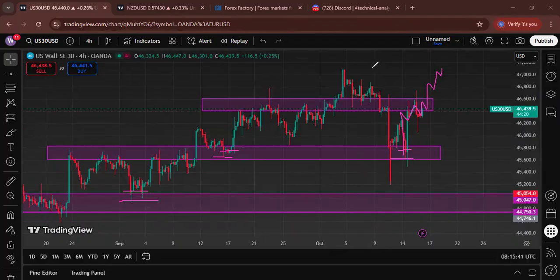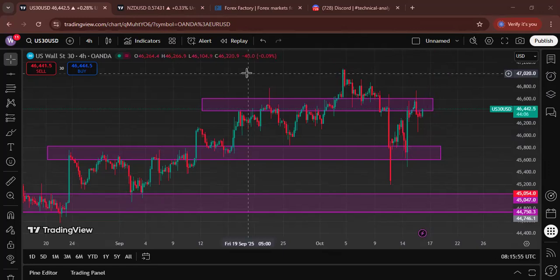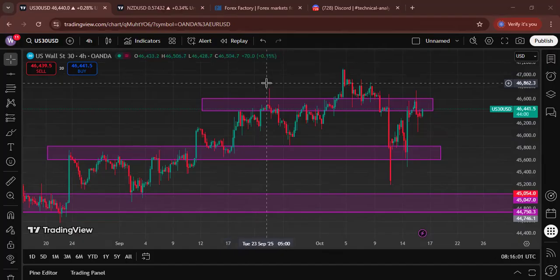I'm expecting to see price come to these highs here, the levels of 47,000. Let's wait and see how price reacts to this. I'm closely monitoring it, but I'm very bullish on the US30 and Nasdaq.